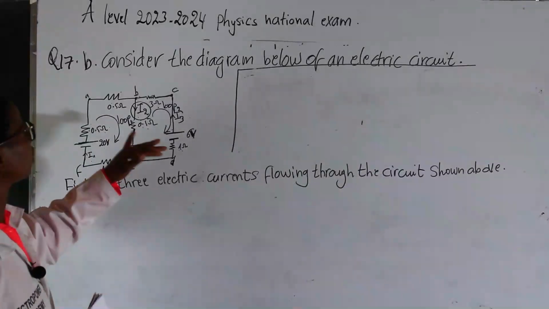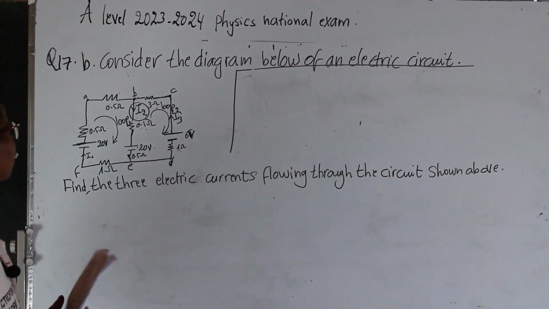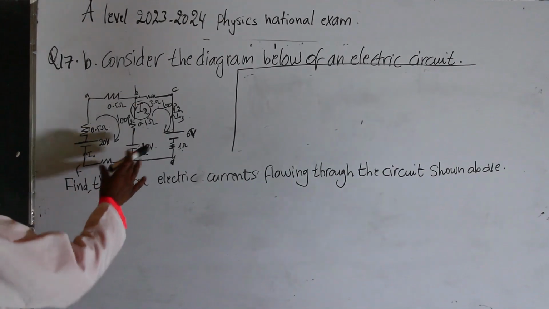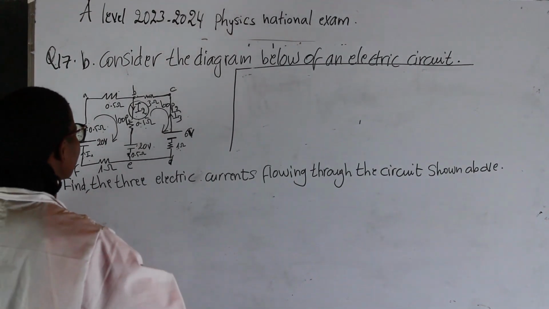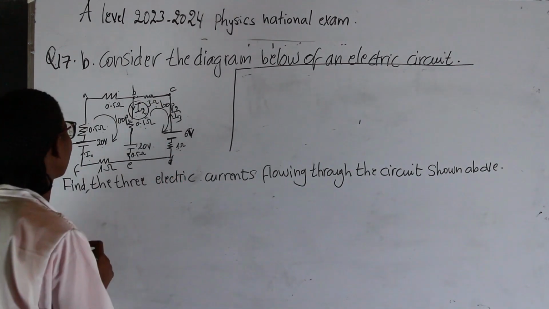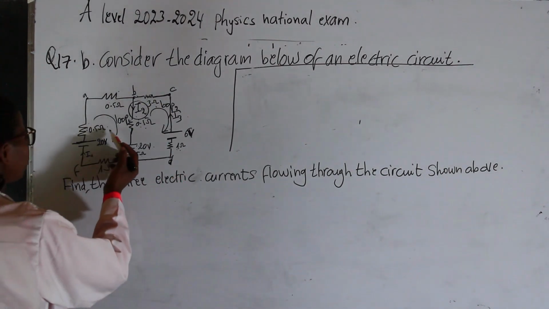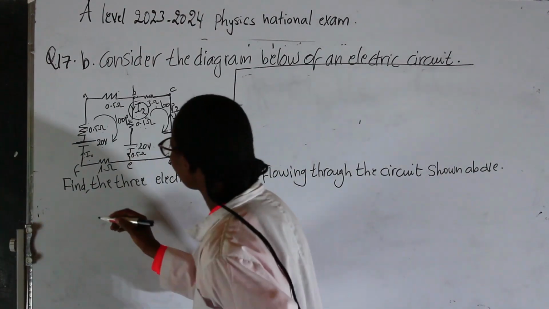Number 17b, consider the diagram below of the electric circuit. We have an electric circuit here. Here is loop 1, here is loop 2. According to loop 1, we should have an algebraic equation.